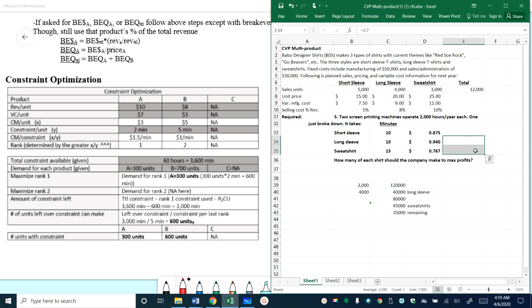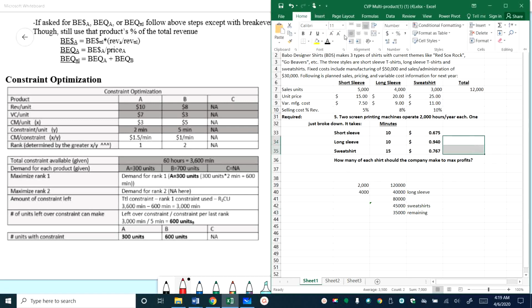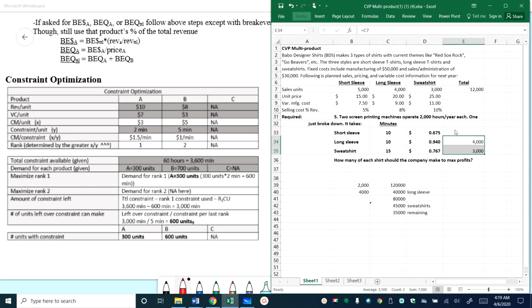And then finally for short sleeves, we can double check and see if we can make all 5,000 short sleeves. Let's just double check. So 5,000 times the 10 minutes it takes to make them. But as we can see, we have 50,000 minutes required to make them, and we only have 35,000 minutes remaining.